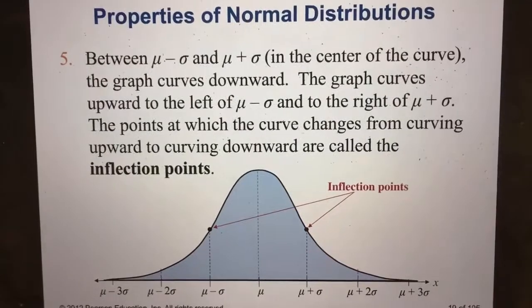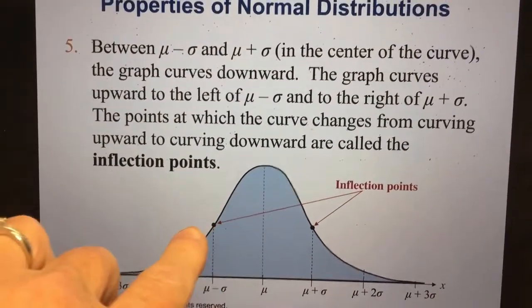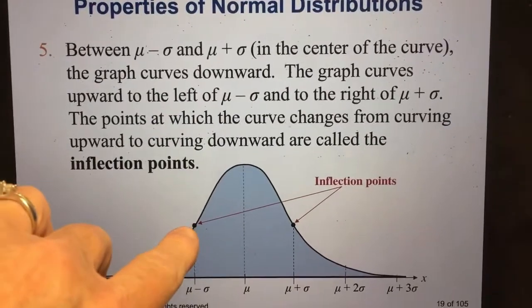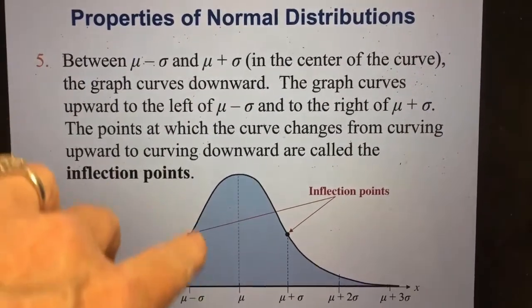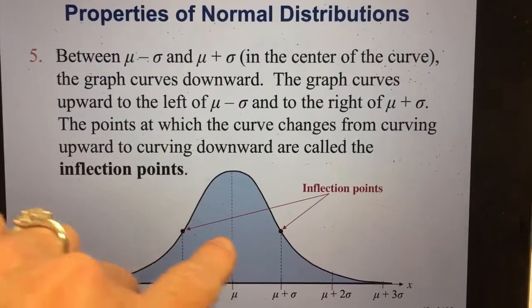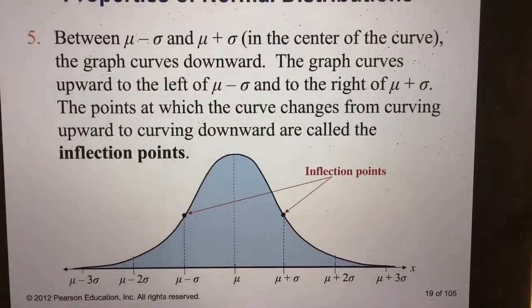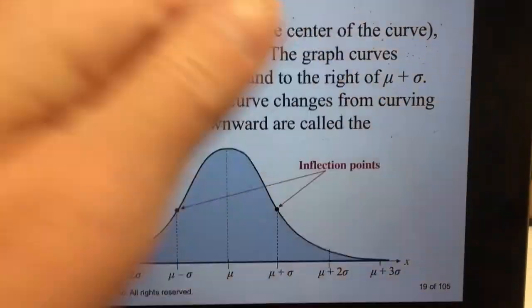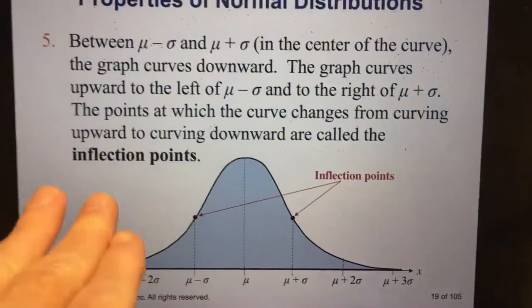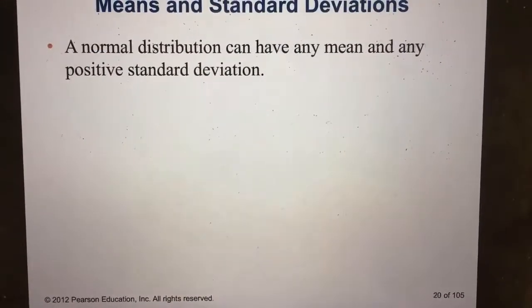They're saying the graph curves upward to the left at this point, at mu minus sigma. So that's the 1 standard deviation mark negative, 1 standard deviation mark positive. You have these inflection points. They're saying that's where it changes from curving downward to curving upward.